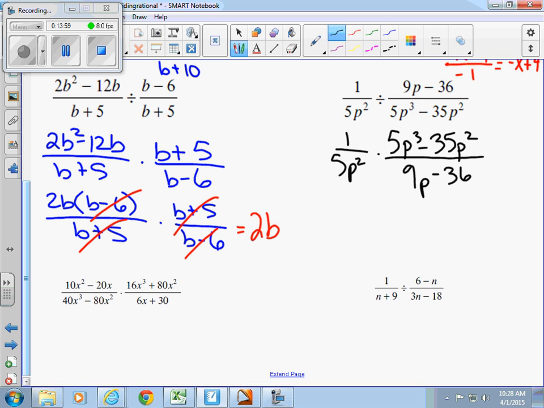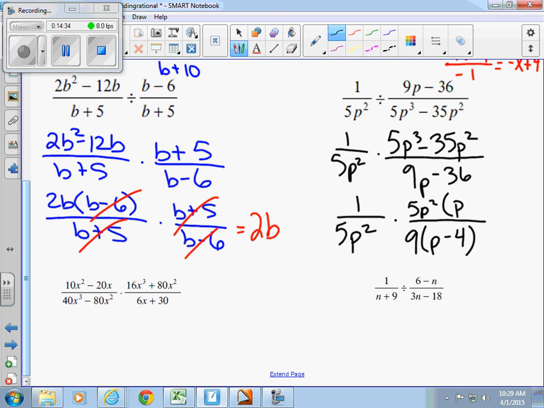Okay, the first thing I did, all I did was flip it. Do some factoring. Does it make any factor? Okay, not only a 3, actually a 9 too. The whole 9 times p minus 4. What about on the top? 5p squared.